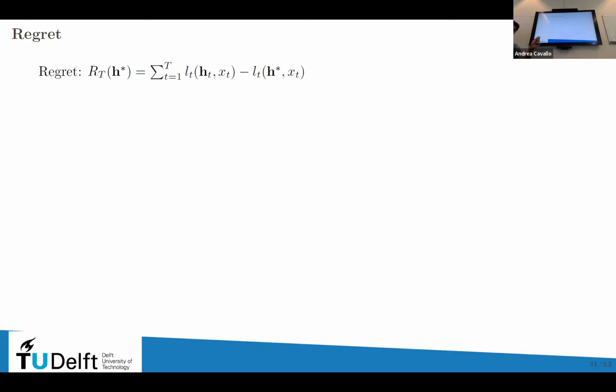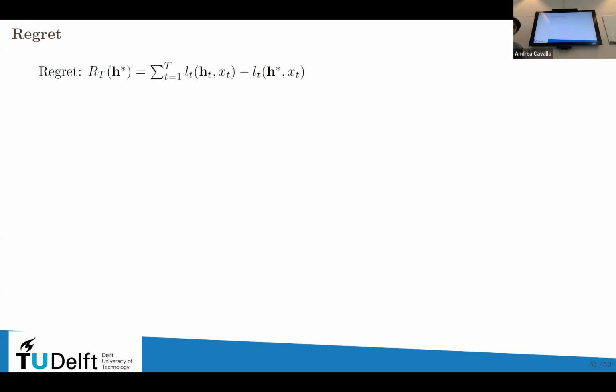So the loss of your online filter with this oracle filter H star, you combine it, and you see it. And typically, once you have a regret, you want to bound it with an upper bound. Why? Because this gives you a worst case analysis of how far you are away from this thing. But again, this is worst case, right?